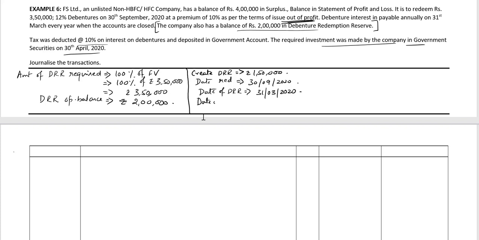So the date of DRI is equal to 30th April 2020. Let's find out the amount of the DRI. It's equal to 15% of the face value, which is equal to 15% of rupees 3,50,000. And this comes up to rupees 52,500.